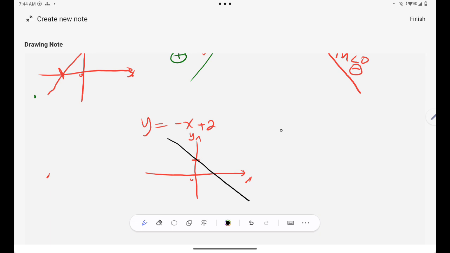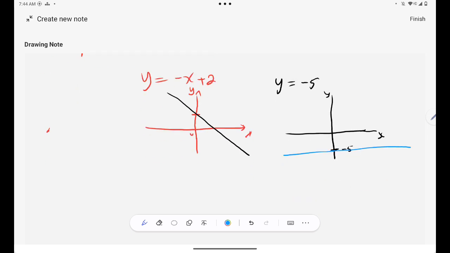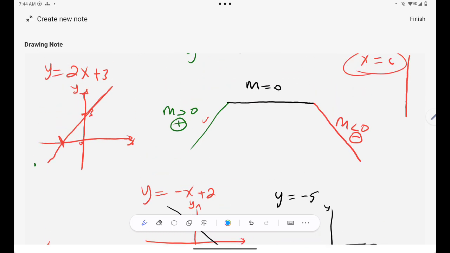If I have a graph of y is equal to negative 5, I just need to draw my Cartesian plane again. Negative 5 is somewhere there at the bottom, and then my graph should be a horizontal line. You will use a ruler to draw this. Are you together? So if you know the sign of your gradient and the y-intercept, you can easily draw your graph.